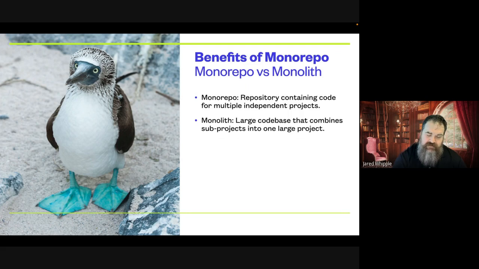The biggest advantage to having everything in a monolith is just that all your code is right there. You get it started, you get everything going, and if you make any changes, you know what's being affected, that kind of thing.